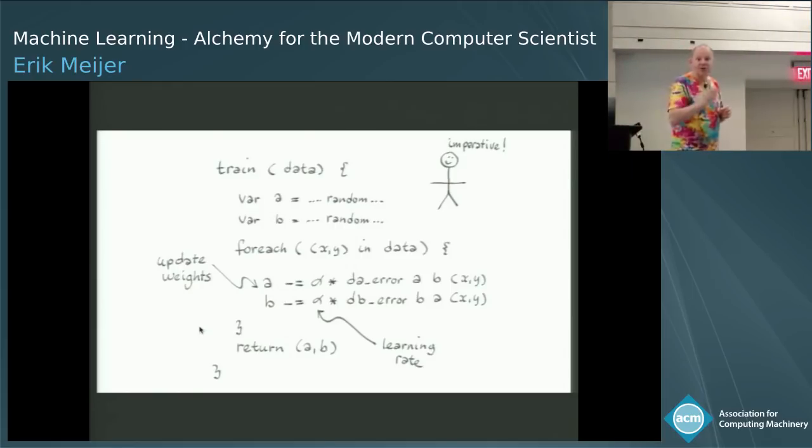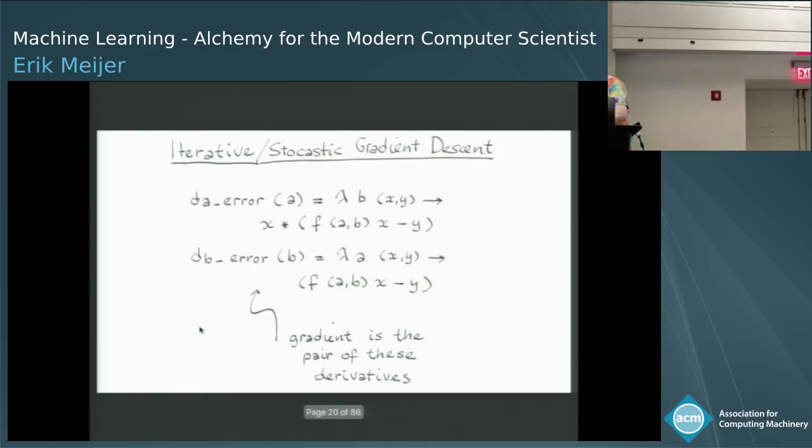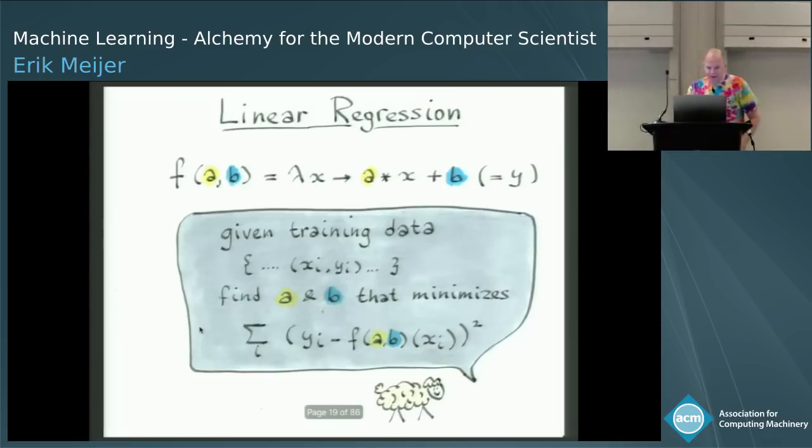So notice that machine learning or deep learning still does update. So it still is imperative. But all the imperative stuff is done in the training phase. Once I have A and B, let's look here. Once you give me A and B, now I have a pure function, right?